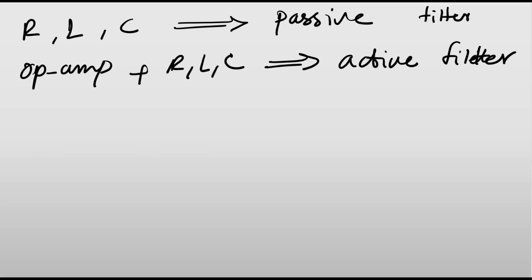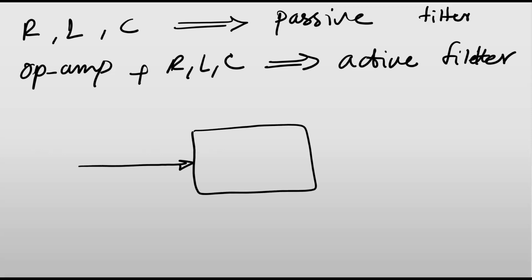What is the main difference? The main difference is that with a passive filter, it's impossible to amplify the gain. If you input a sinusoidal signal with a magnitude of A, then you're going to have a magnitude which is equal to or smaller than the input magnitude.